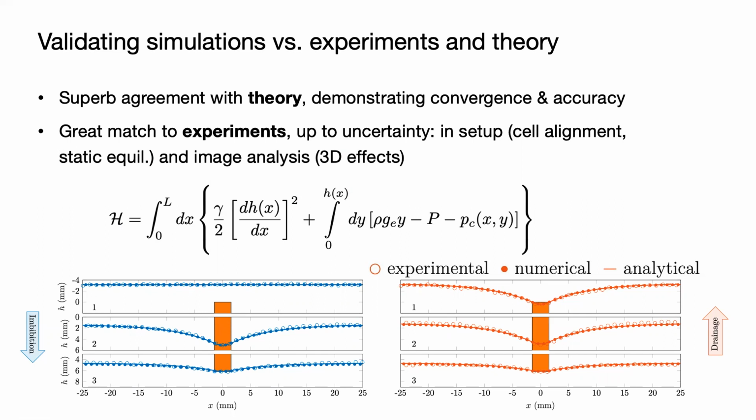This is due to the alignment of the cell, the fact that we don't really reach pure static equilibrium, and also image analysis: the interface has a 3D curvature, so it's not a sharp interface visually, and it's hard to say exactly where the interface is. So we have some uncertainty. Okay, so this is very useful.